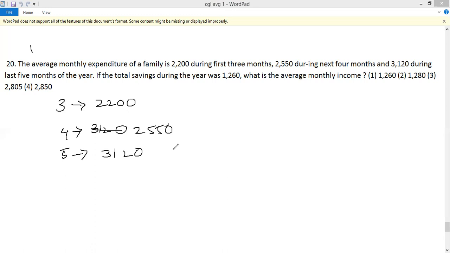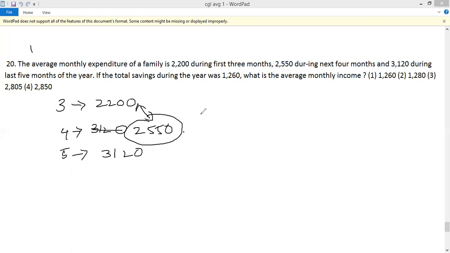So what must the total be? See here, I am assuming this is the average. How much difference? 550. Here the difference we calculated wrongly.